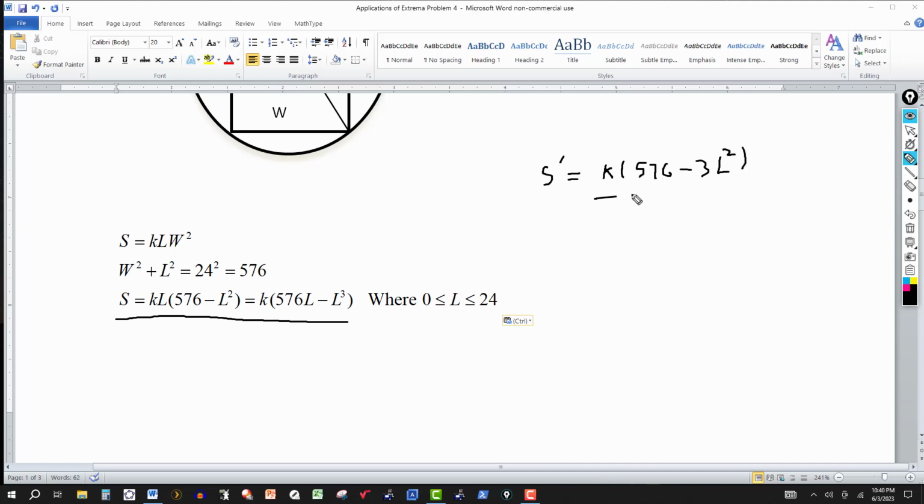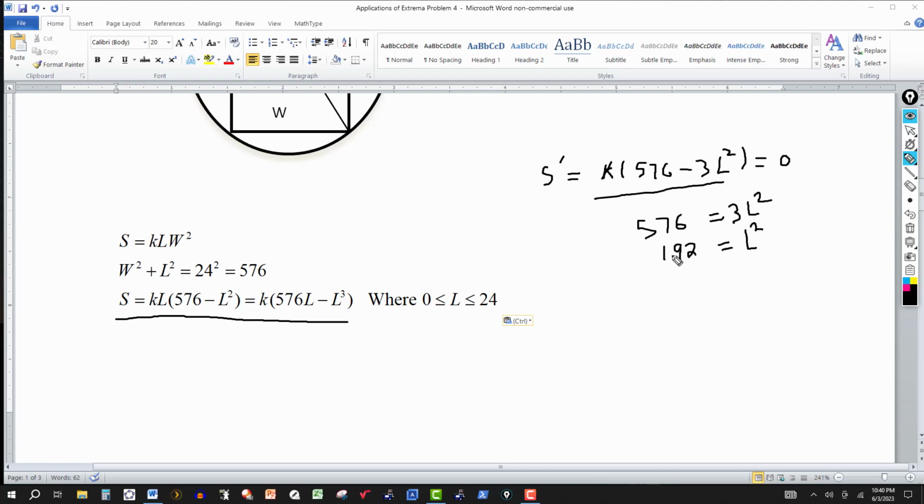And then this is your derivative. You want to find the critical numbers, so we set this equal to 0. Obviously we can divide through by K, and we have 576 equal to 3L squared. Divide both sides by 3 and we get 192.